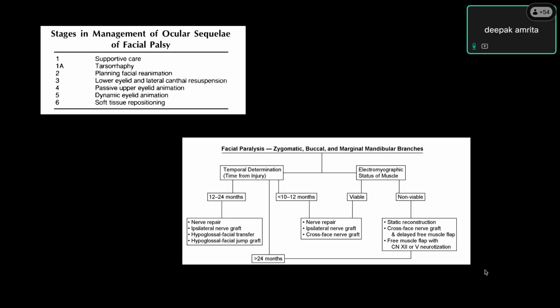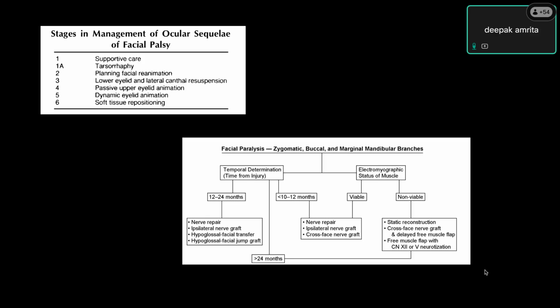And if you look at the lower division, the lower segments of the face, it's all time bound. It's 12 to 24 months. Still, some people think of nerve repair and nerve graft and jumps, but that is only from 12 to 24 months. If it is more than 24 months, you have to think of doing a free functioning muscle transfer.